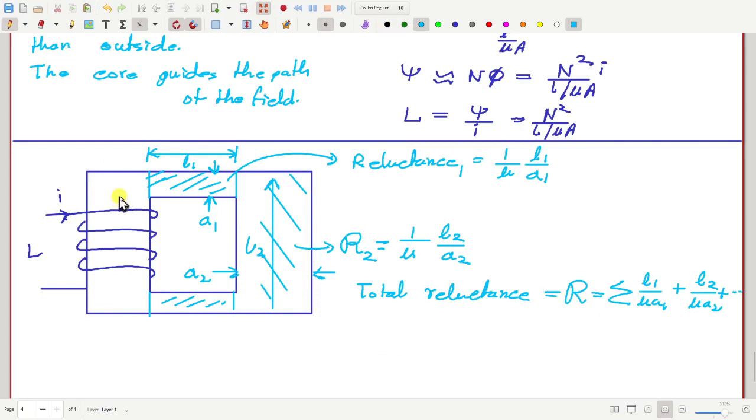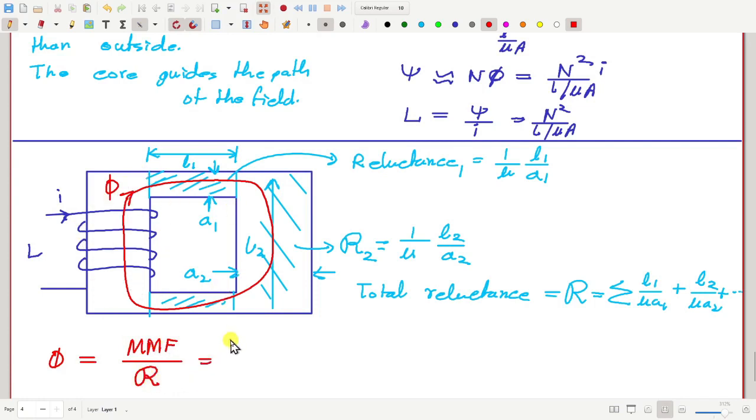how much will be the flux? If that is phi, phi will be MMF by total reluctance. So MMF of this path is N times I, N is the number of turns, and total reluctance we already calculated by adding the reluctance for individual paths.